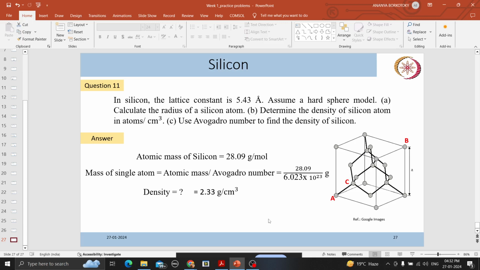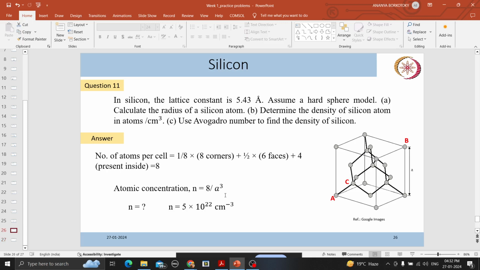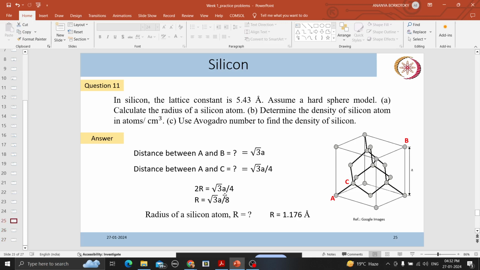Okay, I hope everybody got these answers. Density is 2.33 gram per centimeter cube. Atomic concentration is 5 into 10 to the power 22 per centimeter cube, and radius is 1.176 angstrom.